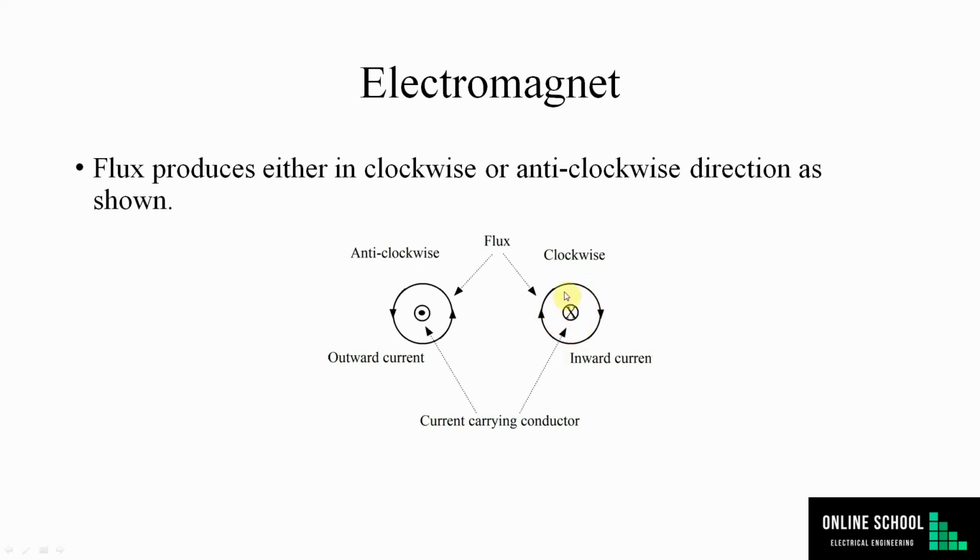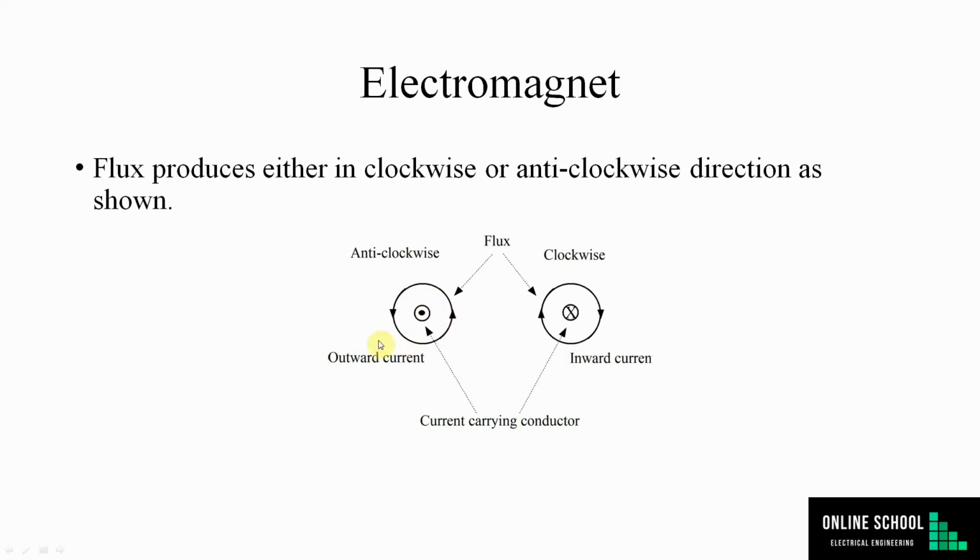If we compare this with current and flux, then the direction of penetration of the screw is equivalent to the direction of current, and the direction of rotation of the screw resembles the direction of flux. If we remove the screw, we need to rotate it anti-clockwise.